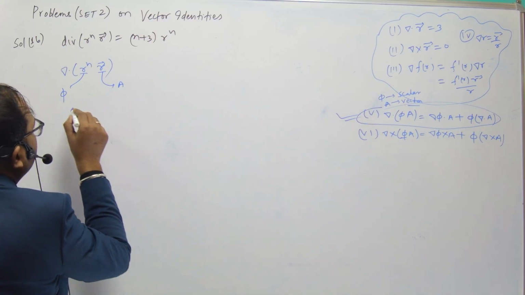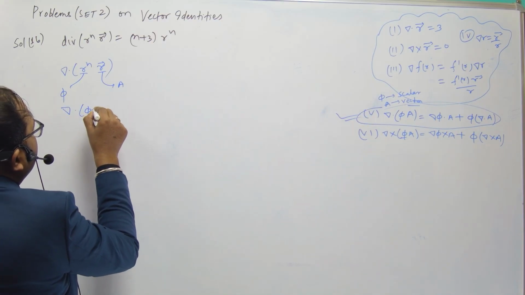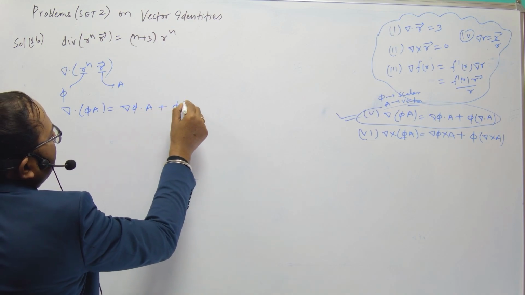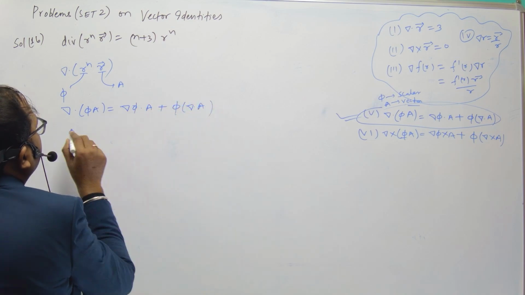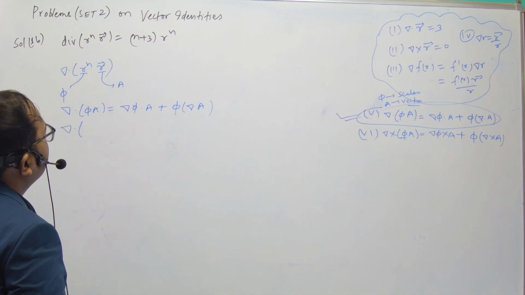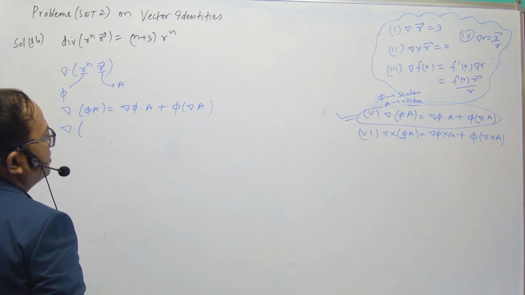We have ∇ dot φA equal to ∇φ dot A plus φ times ∇ dot A. Here r^n is a scalar and r vector is a vector.